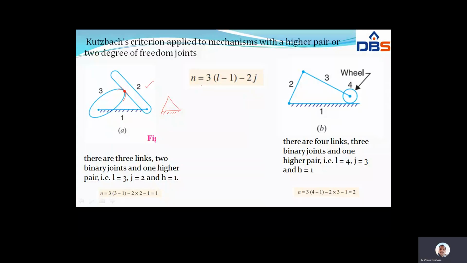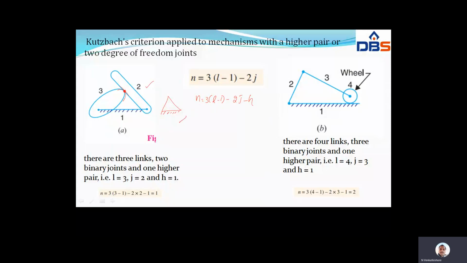Then the formula becomes n is equals to 3 into l minus 1 minus 2j minus h. This is the basic Kutzbach formula.